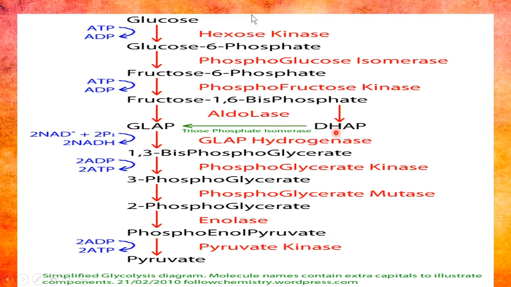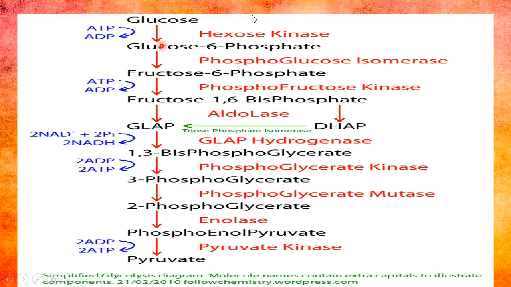In the next step, this dihydroxyacetone phosphate gets converted into 3-phosphoglyceraldehyde. Thus, at the end of this, two molecules of phosphoglyceraldehyde are formed, through the following reactions.